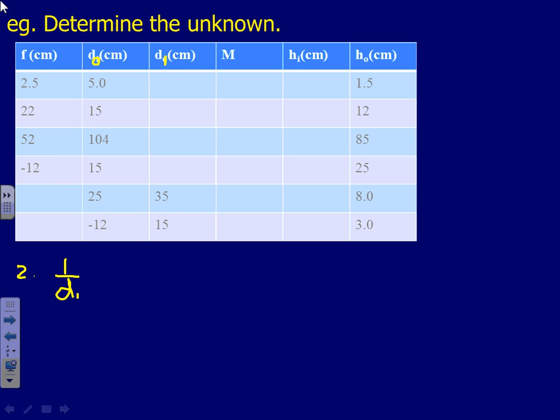1 over di plus 1 over do is equal to 1 over f. Let's put our numbers in. di is what we're looking for, 1 over di. This time, it's 15, 1 over 15, and this is 22, 1 over 22.